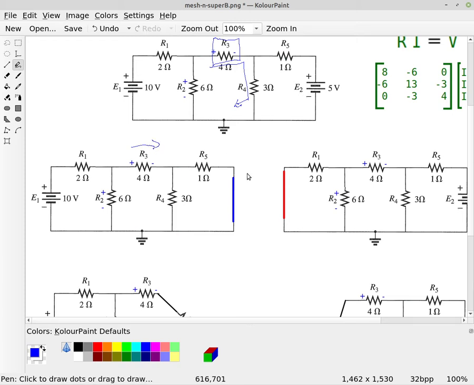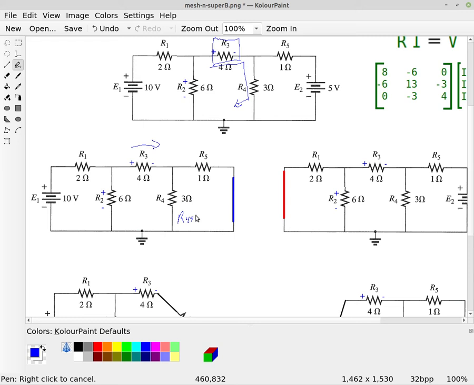So I'm going to start by just doing the reduce and return approach. So we've shorted out this voltage source. So now we have resistors R4 and R5 are in parallel.